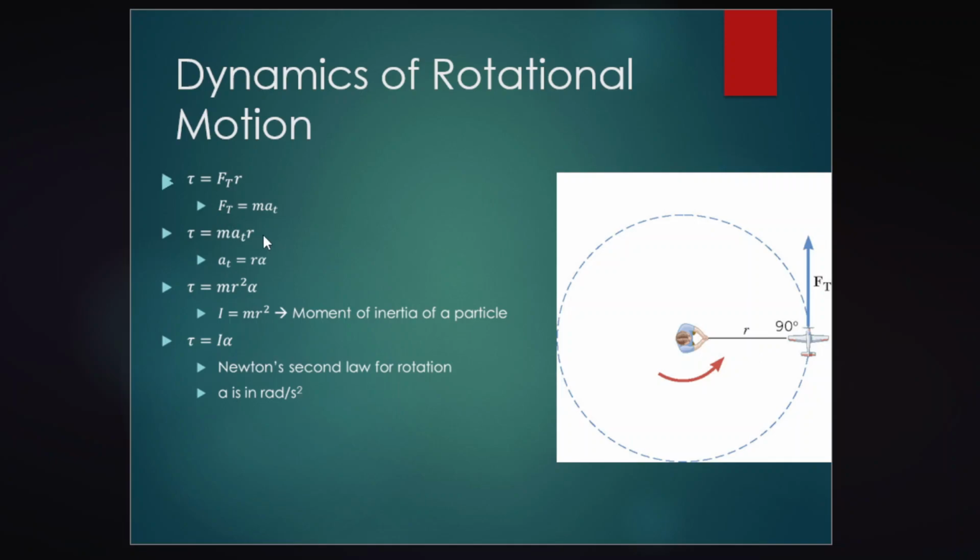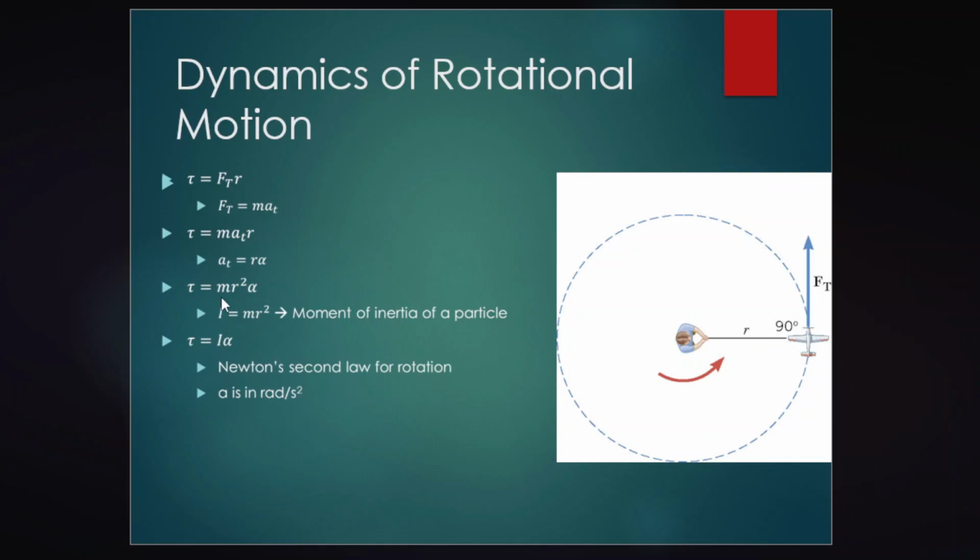And tangential acceleration is equal to your radius times your angular acceleration. So if we fill that in, we now have m r squared, our radius squared, times alpha.